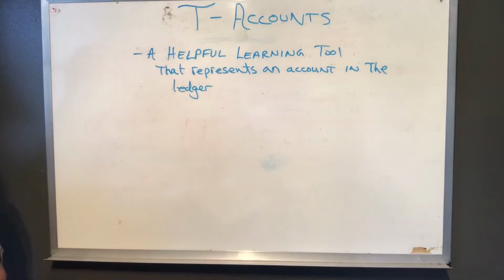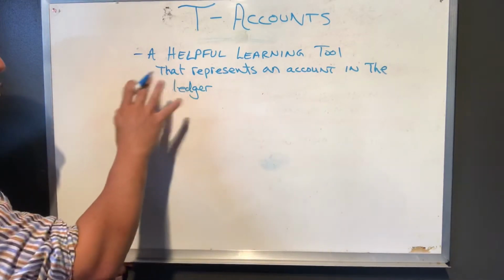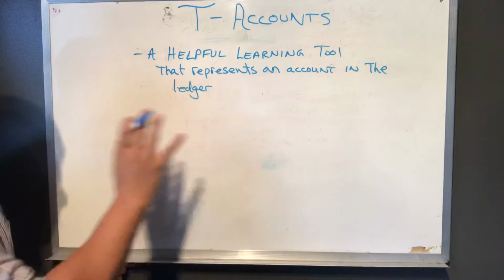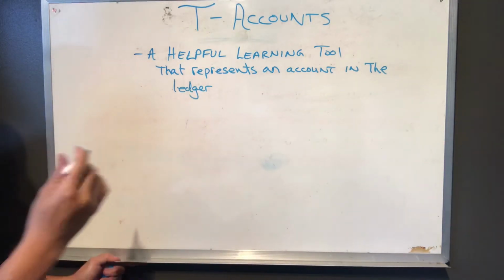Okay, so it shows the effects of certain specific accounts. So when we do a journal entry, for example, then we could visually see through T-Accounts the effect of such transactions on particular accounts.